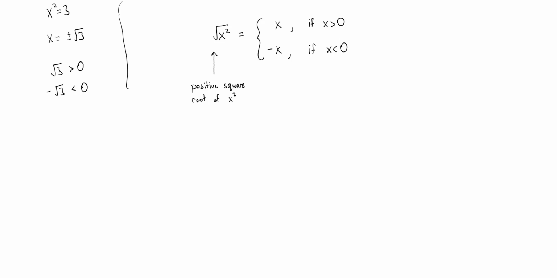So to emphasize this, the square root of x squared is equal to x if x is positive, but the square root of x squared is equal to minus x if x is negative. So this is going to be important in the examples that we do in this video.